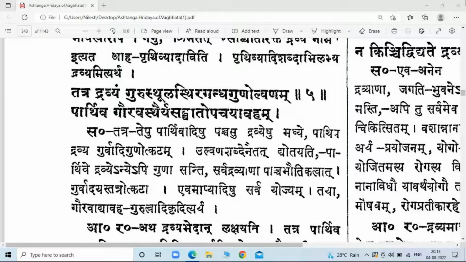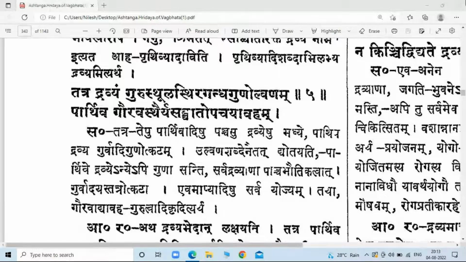Similarly, we extensively use the tattva principle called rasa, isn't it? The concept of shadrasa we can see used in different contexts in detail with prime importance.